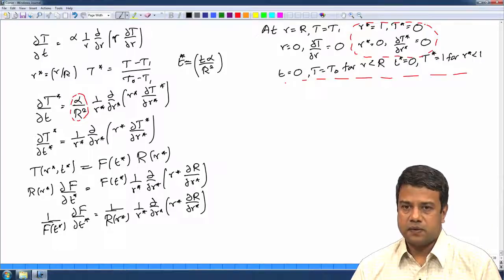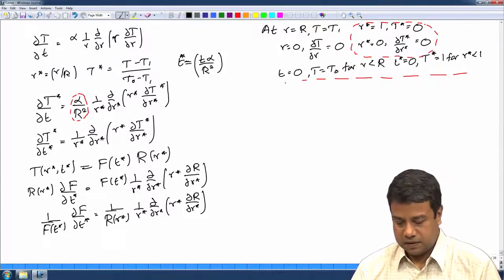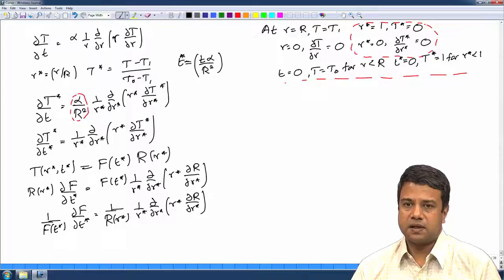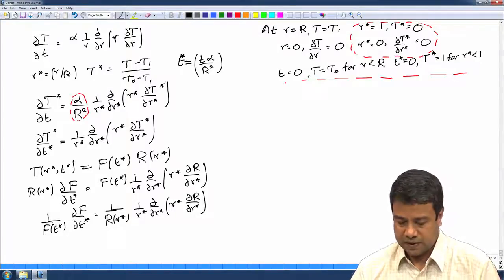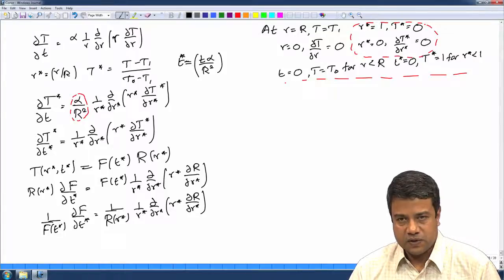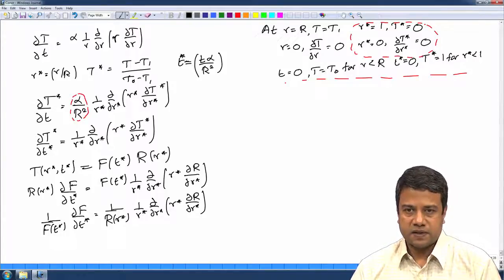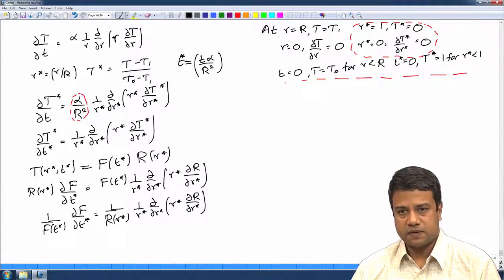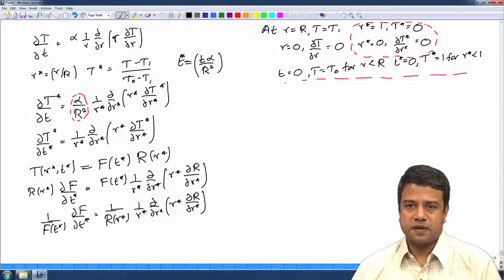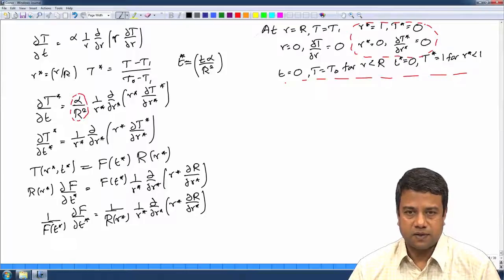Should the constant be positive or negative? We had already looked at that when we did the heat transfer in a finite domain. If the constant is positive, the left side, if you solve it, gives you a function that is exponentially increasing in time. So, it never satisfies the condition that as t goes to infinity, this T star should be equal to 0.